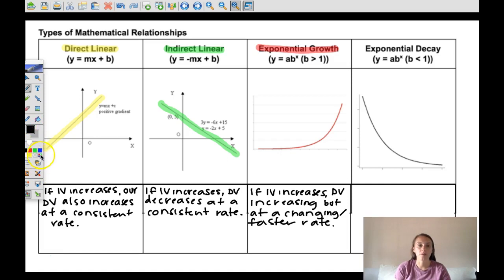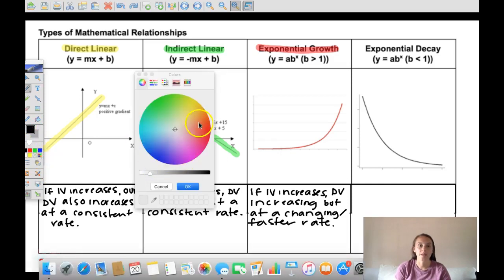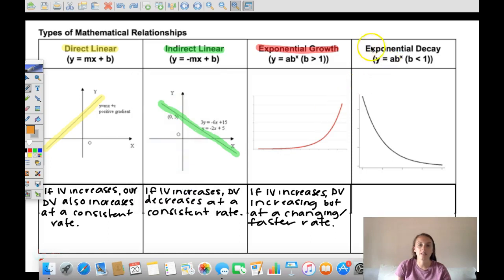Our last example is exponential decay. And we're not going to see this a lot in chemistry, but it's important for you to understand the different types of relationships, especially for the ACT test. In this case, our independent variable is still increasing because, again, easier to add independent variable rather than take some of it away. But if you see a graph like this, that means that our dependent variable is decreasing at a changing rate.